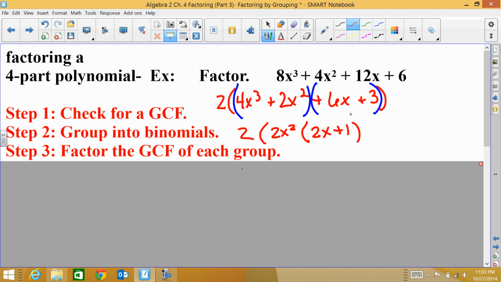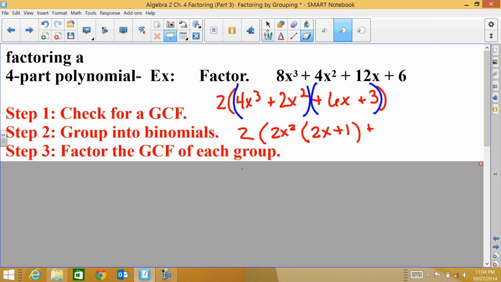Then from the second group, 6x plus 3, what would be the greatest common factor of 6x plus 3? Well, both of those numbers can be divided by 2. So I can take out a positive 2, and if I divide that out, 6x divided by 2 would be 3x. And, I'm sorry, that is not what I wanted to take out. 2 is not my greatest common factor.